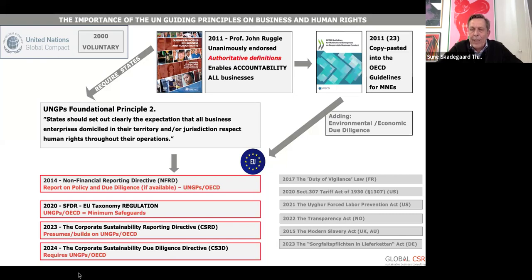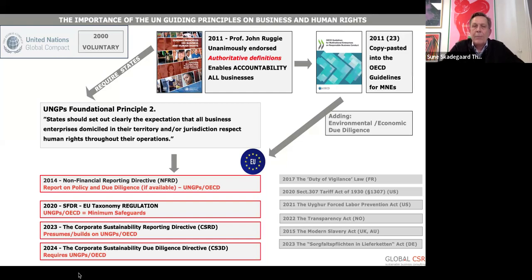We, working out of the EU, Global CSR is from Denmark, are working in an era where we are seeing that the call from the late Professor John Ruggie to have states regulate businesses to respect human rights is now coming into reality.